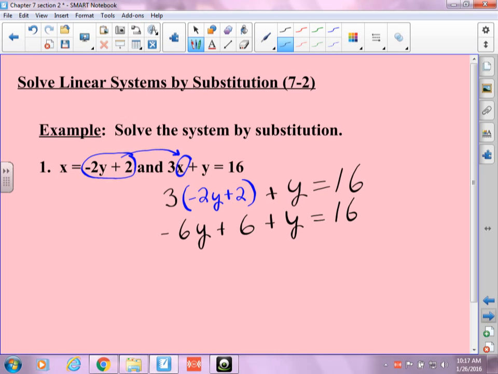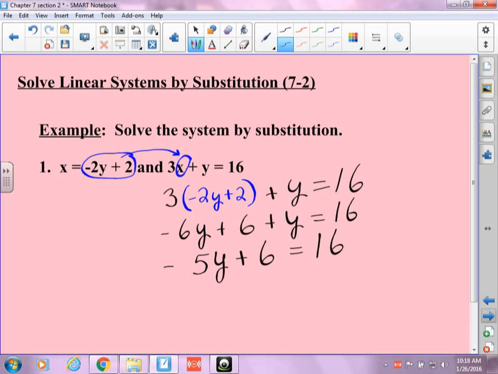We're using the algebra that we've learned before. Now I'm going to combine like terms. I've got a negative 6y and a y, so that is negative 5y plus 6 equals 16. We always want to combine like terms before we add or subtract. We've talked about that before.